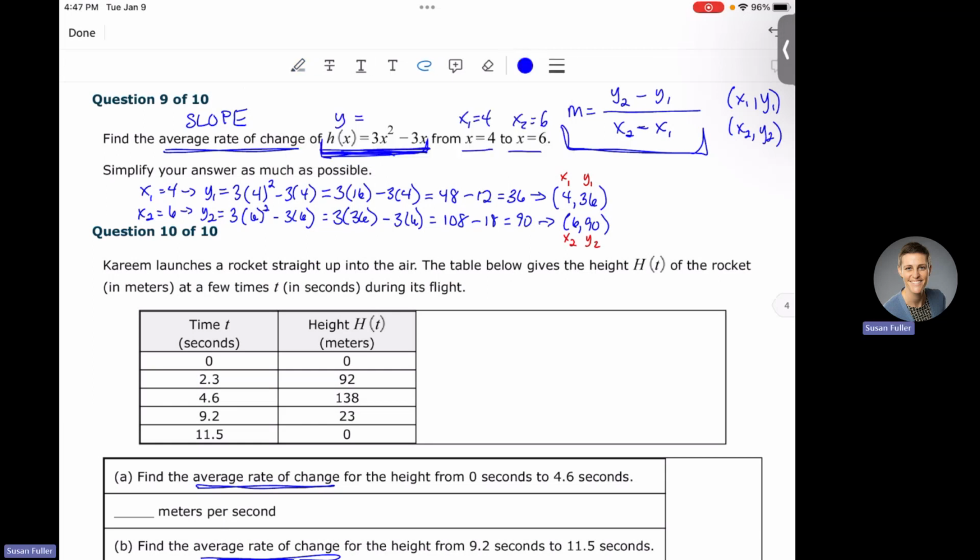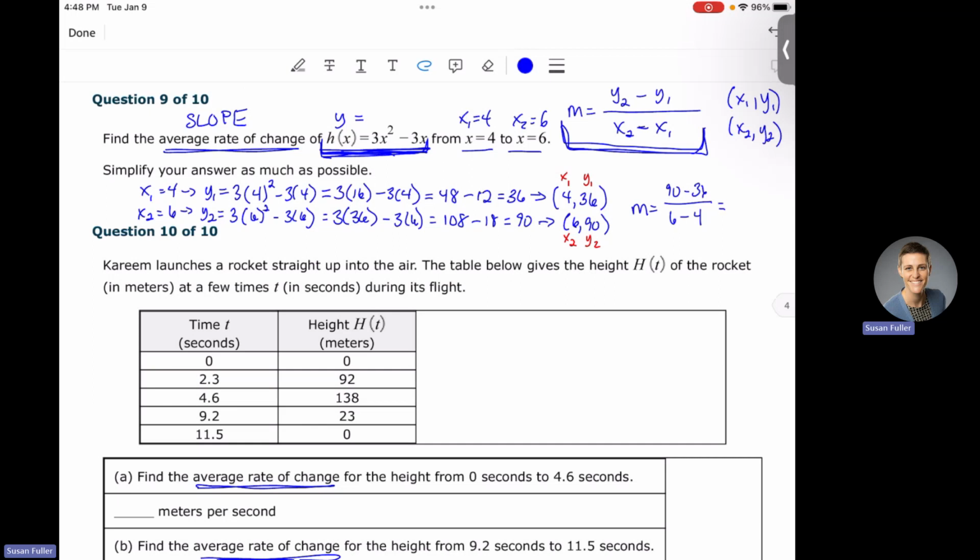Okay, so now we have our x1, y1, and our x2, y2. Average rate of change is just slope, so I'm going to apply my slope formula to these points. So the average rate of change is slope, which is going to be y2, which is 90, minus y1, which is 36, divided by x2, which is 6, minus x1, which is 4.